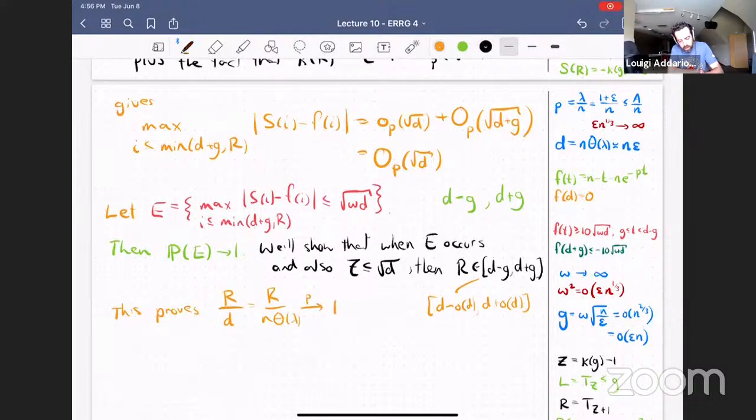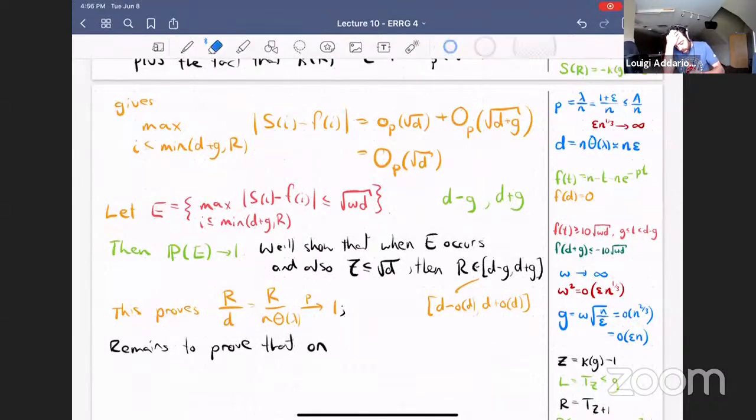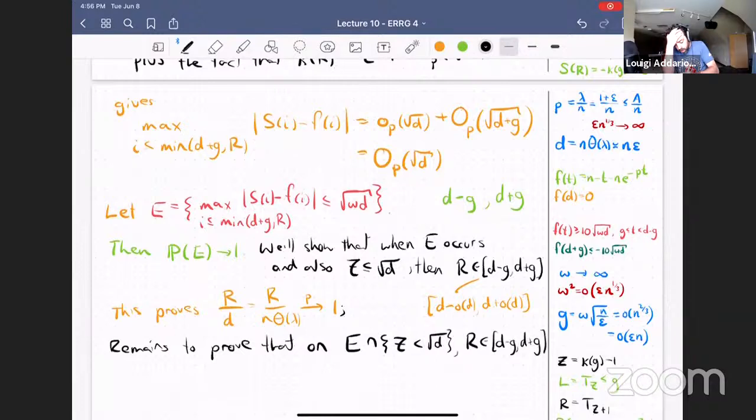And so it just remains to prove that on the event that E occurs and Z is at most root D, we indeed have R in this interval. Okay, is that logic clear?